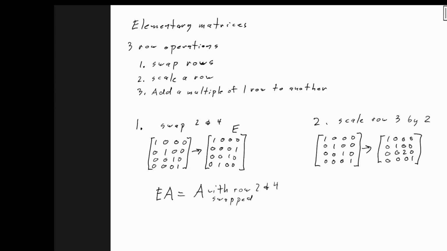And multiplying this E by A will give me A with row 3 scaled by 2.